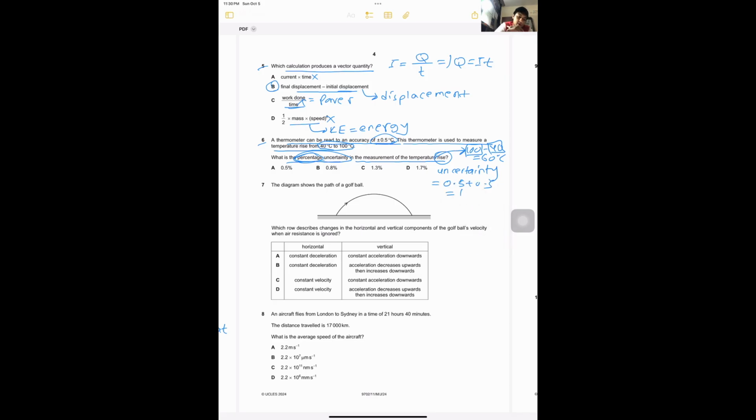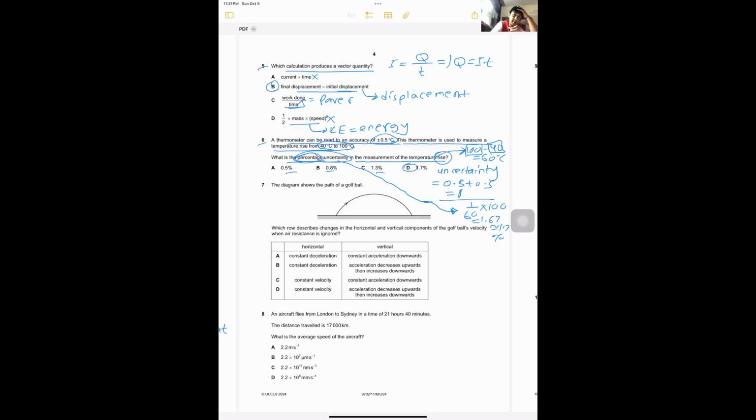Then 1 by 60 into 100 is the percentage uncertainty. So it's 100 divided by 60, which is 1.67 or 1.7 percent. So I can see this one to be the correct answer.